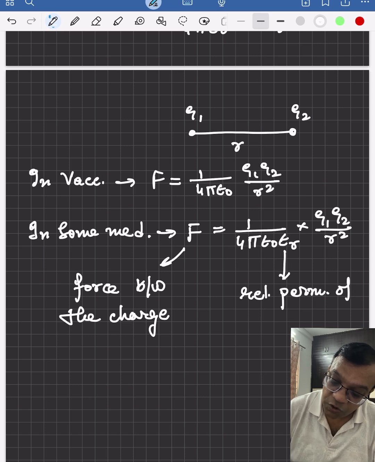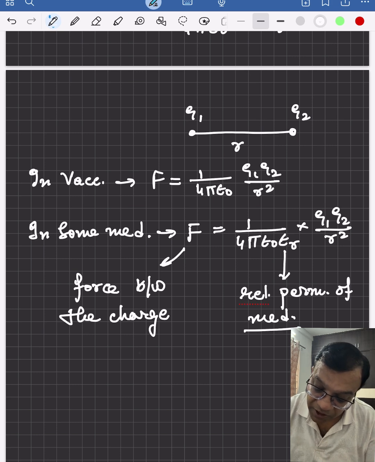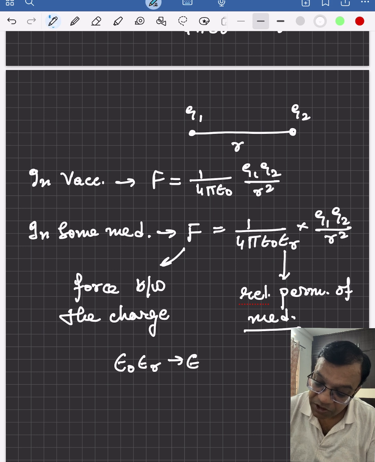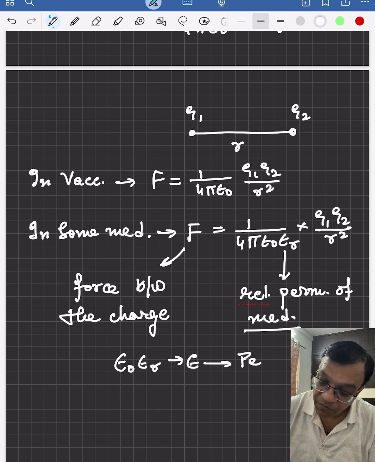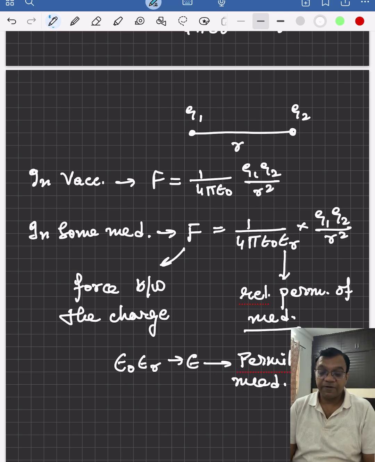It is also known as the dielectric constant, and this epsilon naught epsilon r we denote by epsilon. It is the permittivity of the medium. So these are the simple things. What is the flaw here?